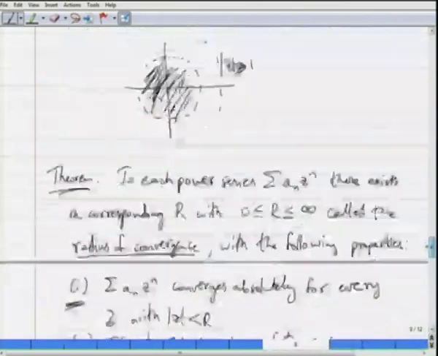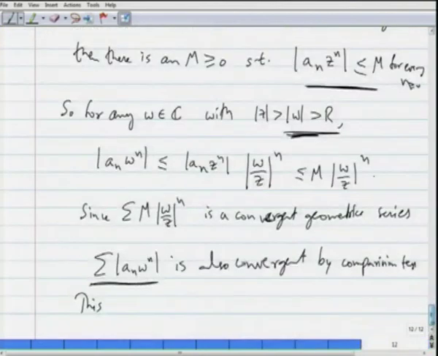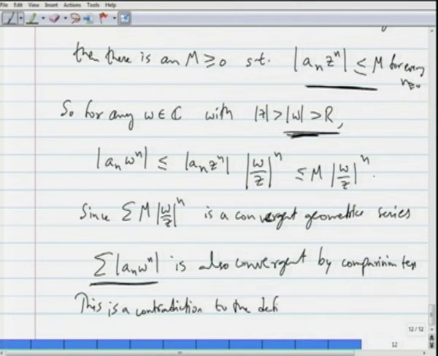What is R? R is the supremum of all such modulus z for which sigma a_n z^n is absolutely convergent. So, here sigma a_n w^n is absolutely convergent, and the modulus of w is greater than the supremum of all such things. So, this is a contradiction to the definition of R. So, this cannot happen.